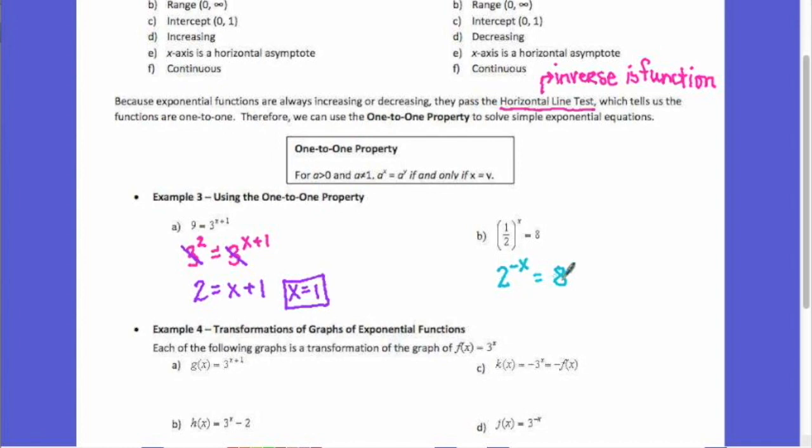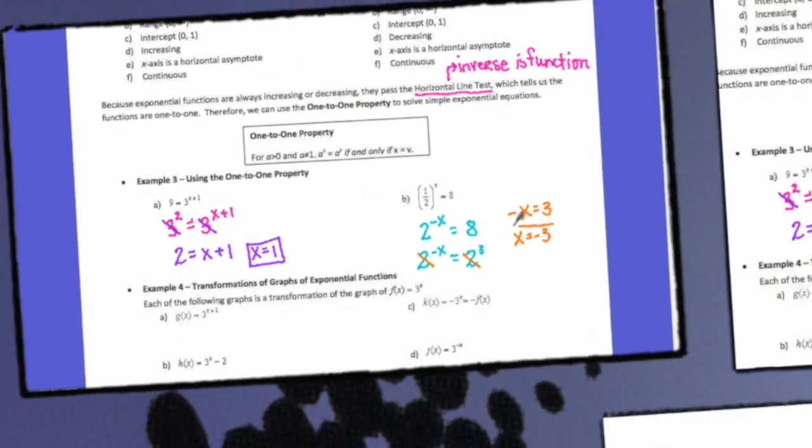So 2 to the negative x is equal to 2 to the third, because 8 is 2 to the third. So our bases cancel each other out, and we say that negative x equals 3, which means x has to equal negative 3.